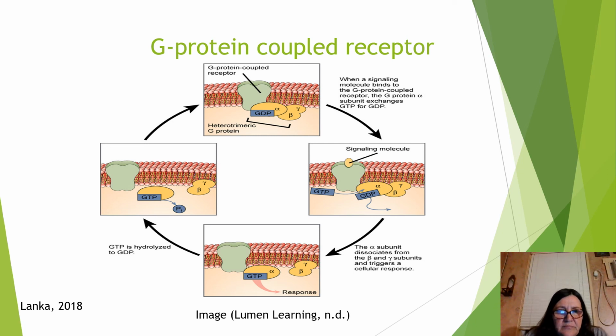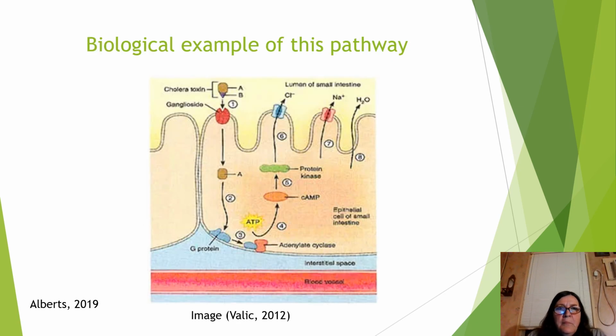And over here, the next step is the hydrolysis of the GTP back into GDP, which causes the dissociation from the effector enzyme, thus deactivating the enzyme and returning the cell back to its normal inactive state. Okay, so that was how the receptor enzymes worked, how that G protein coupled receptor worked.